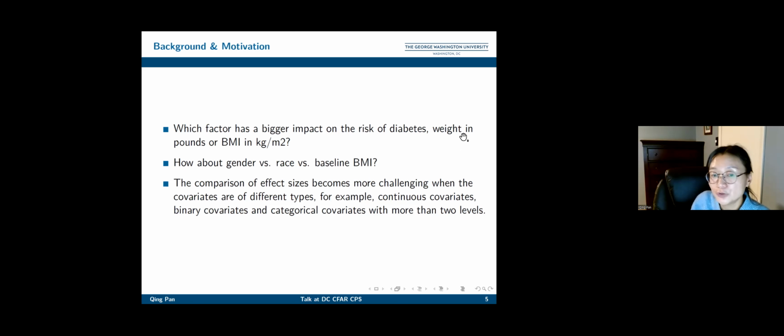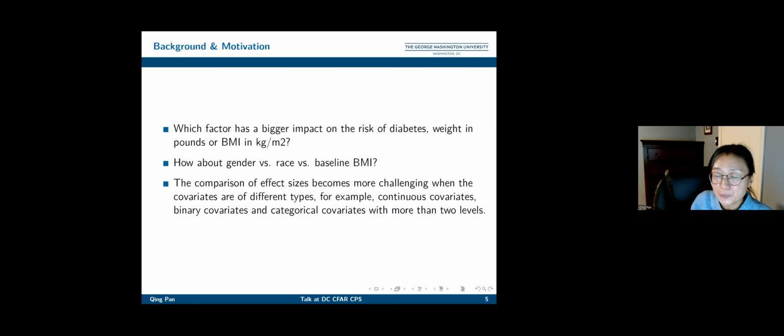For example, if you use weight in pounds or in kilograms, the beta would change, or BMI. So when you have 2 covariates, weight or BMI, they have different units. Can you compare their beta directly if they have different units? That's a question for me. They have different units, so their betas correspond to different amounts of change. So what do you mean which one is bigger?